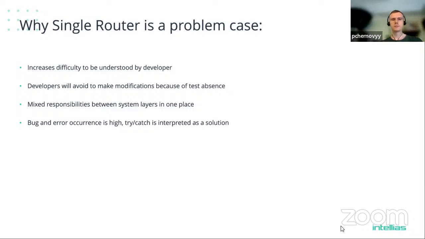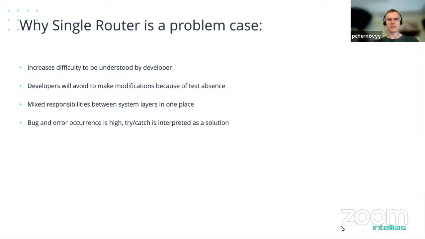Mixed responsibilities between system layers in one place. So we saw that it handles the error, it handles the validation, it handles the socket communication, which returns the response from the mailing server, and also it handles updating the counter and maybe something else.